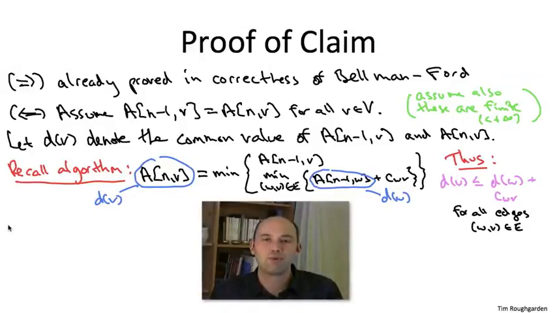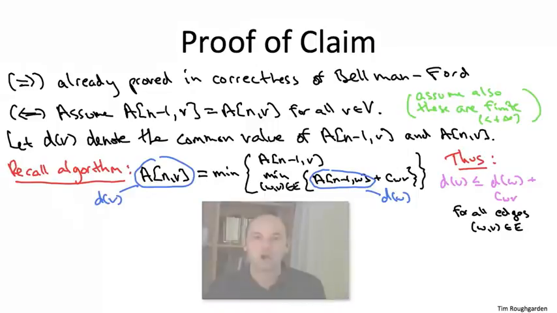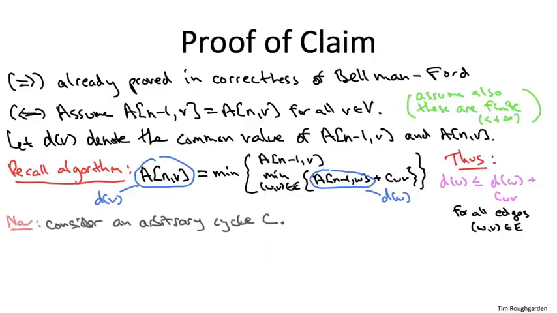Now remember what it is we're trying to prove. We're trying to prove that the input graph has no negative cost cycles. So let's just pick our favorite cycle, capital C, and show that it has non-negative cost. This is going to be a sneaky application of the inequality that we just wrote down in pink. Specifically, we're going to sum that inequality over all of the edges in the cycle. It's going to be clearer if I just rearrange that pink inequality a little bit.